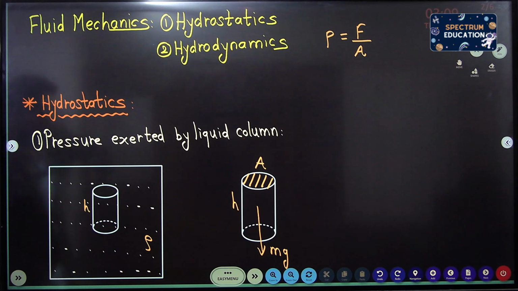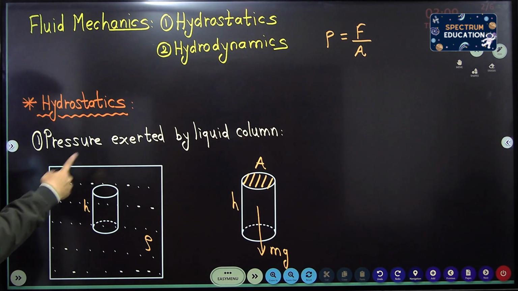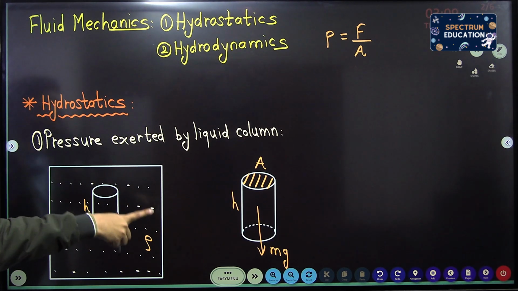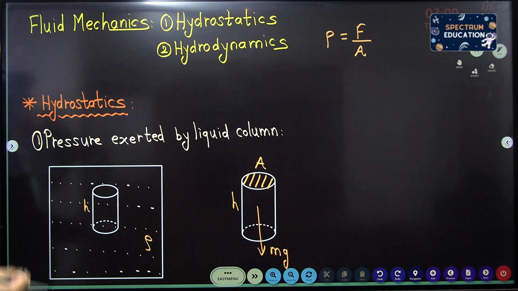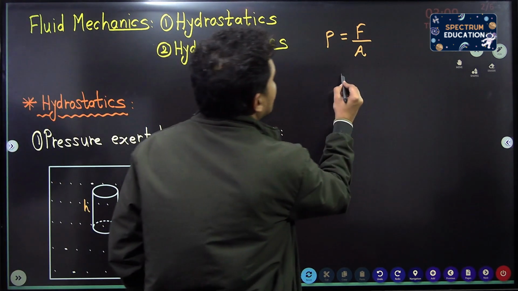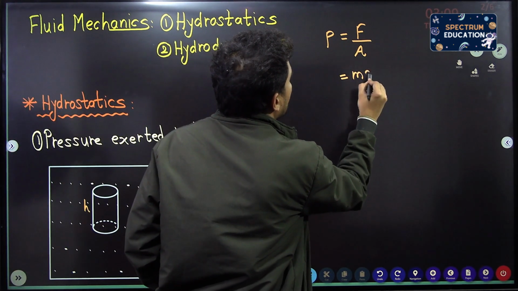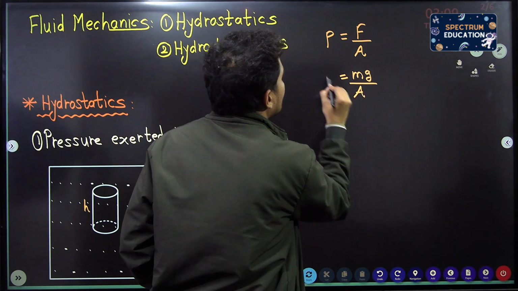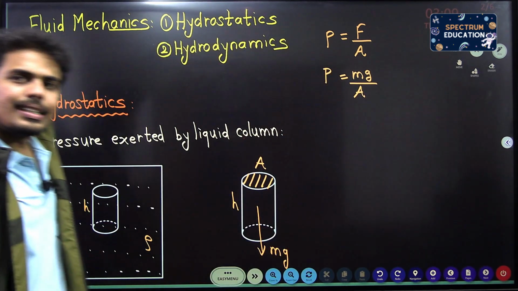What is the force here? Only the gravitational pull is acting on that liquid column, nothing else, and the fluid is at rest already. So F equals mg, and pressure equals mg upon A.